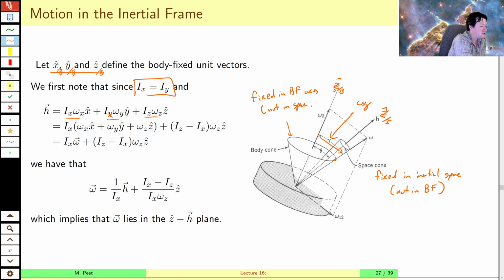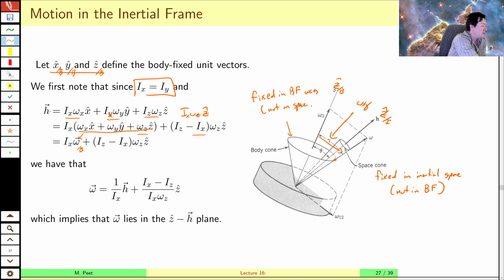So what we're going to actually do is add and subtract the Ix omega z component here. So we're going to add it here, Ix, and subtract it here. It's just arbitrary, add and subtract. So those two cancel each other out. So we get the same thing, but now this is convenient because this term is just the angular velocity vector, again in the body fixed frame, multiplied by Ix.